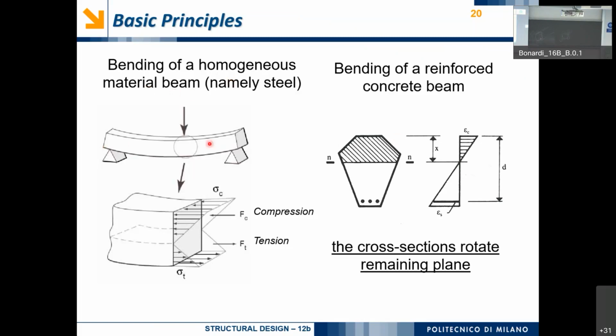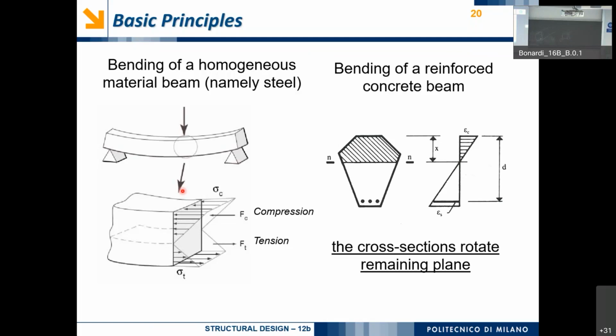We have this beam, it is supported at two ends, and we have a generic vertical load, transversal load, in this case vertical. The deformation of the element is obviously the bending deformation. So we have that the upper part is under compression and the bottom part is under tension.